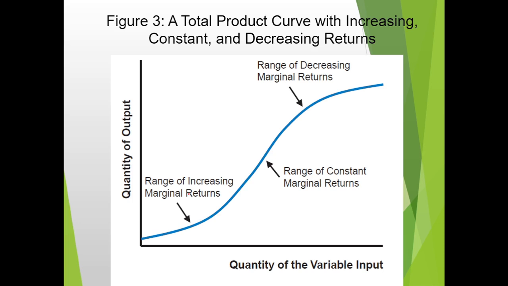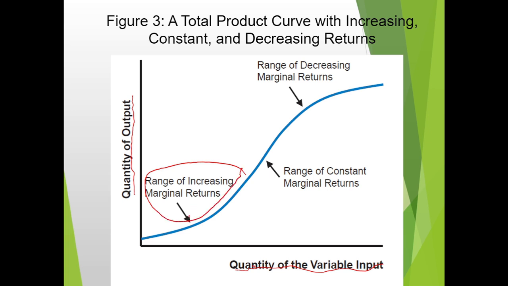On the vertical axis, we have quantity of output, that is our total units of output, and on the horizontal axis we have quantity of the variable input. So when we increase the quantity of variable input up to a point, the marginal returns are increasing.